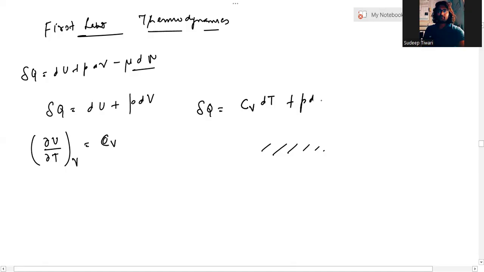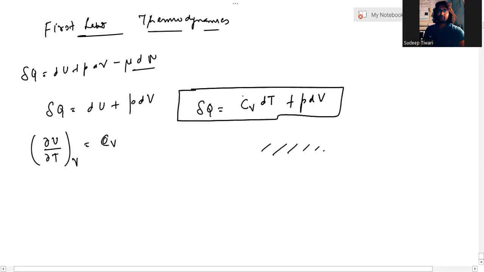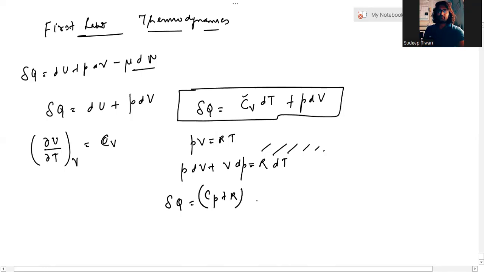So if I want to express my first law of thermodynamics with the help of these molar heat capacities at a constant volume, I can write delta Q is equal to Cv dT plus PdV. And if I use the equation of state for an ideal gas, I know that PV is equal to simply RT, so PdV plus VdP simply equals RdT. And from here, I can simply write my delta Q, which is equal to, instead of Cv, Cp plus R dT.